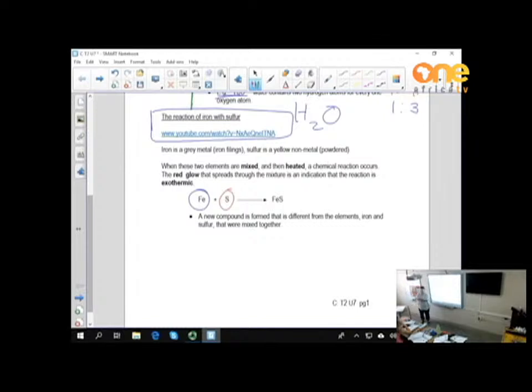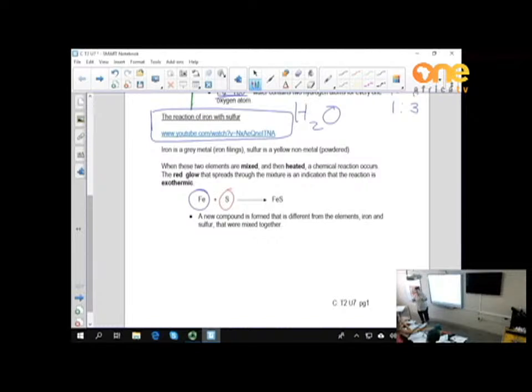When I add them and mix them up in a cup, nothing's going to happen. But if I mixed them up in a fairly specific proportion, and I go and heat it, in a beaker, we find that a chemical reaction occurs.